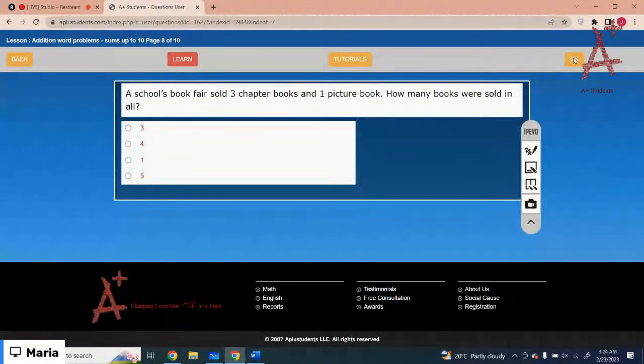So 3 plus 1 makes 4. Very good. So the correct option is 4.